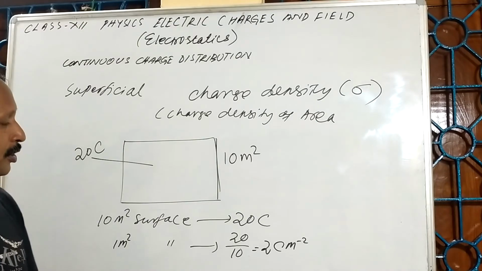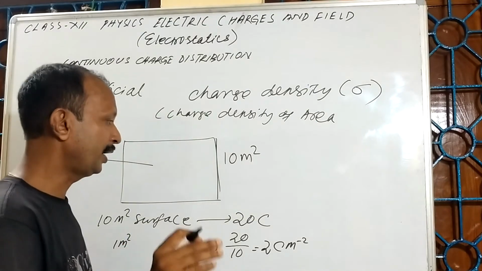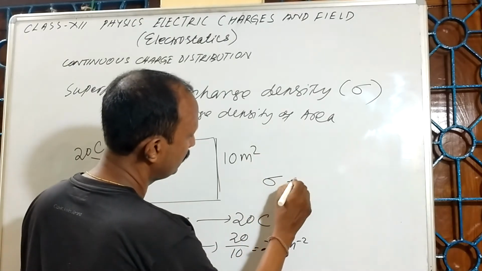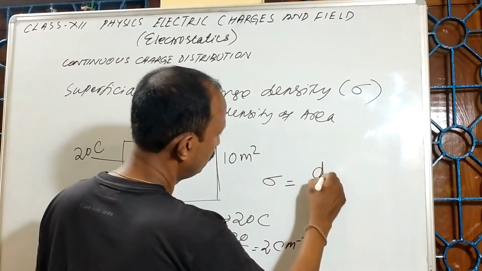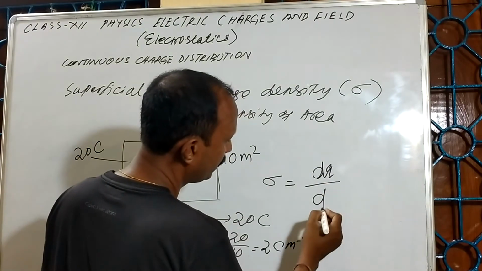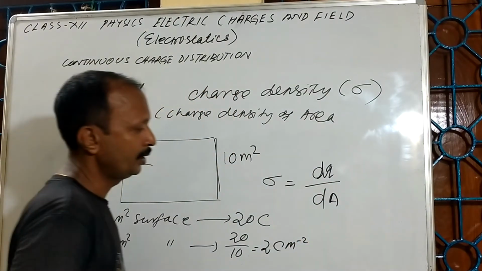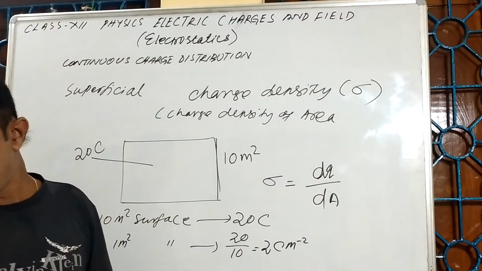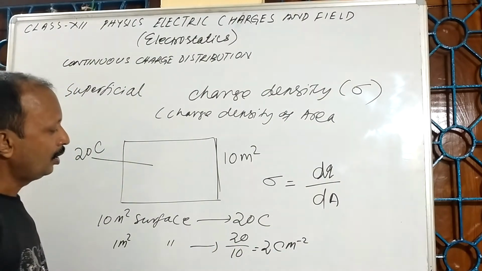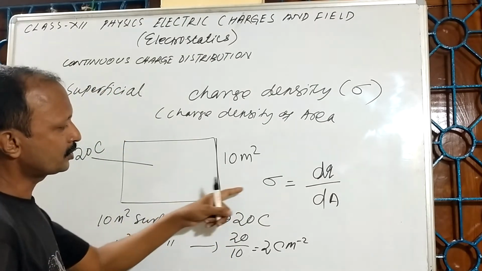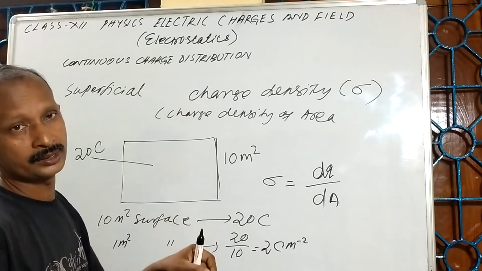Then I can say that sigma is equal to dq upon dA. Here A is the surface area. So this is the charge density at a point.